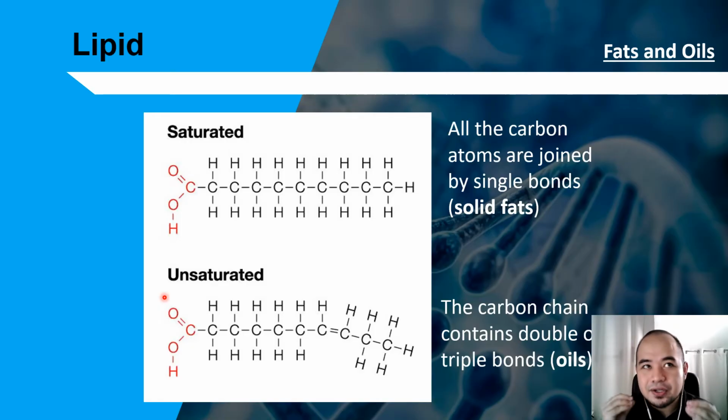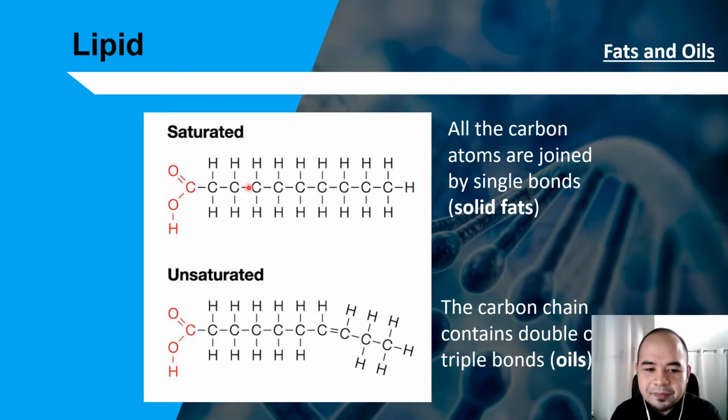We can consider whether that triglyceride is a fat or an oil depending on the attached fatty acids. If the attached fatty acids are mostly saturated, we can call it a fat. And if the majority of the fatty acids are unsaturated, we can call it an oil.